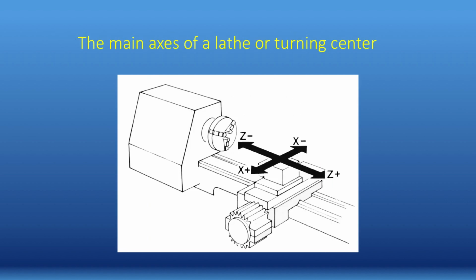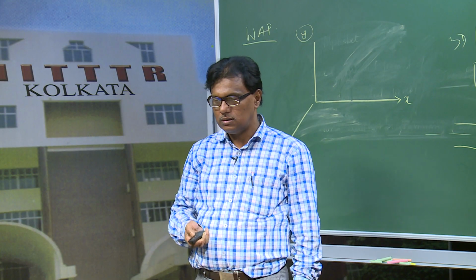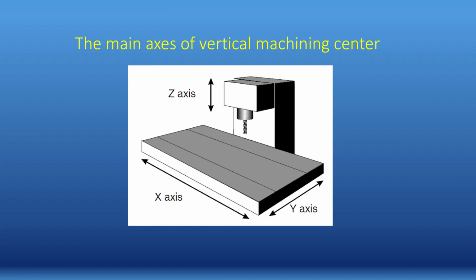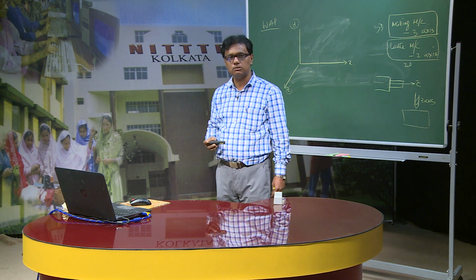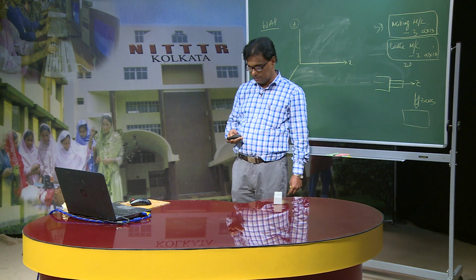As I was telling you, this figure shows a lathe machine, where the job axis is the z axis, towards the operator it is the x axis, and away from the operator it is the negative x axis. Here in the vertical milling center, the convention is that the job axis is the z axis, along the machine it is the x axis, and this is the y axis.